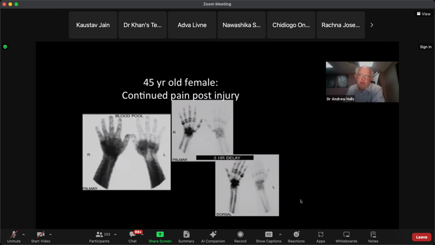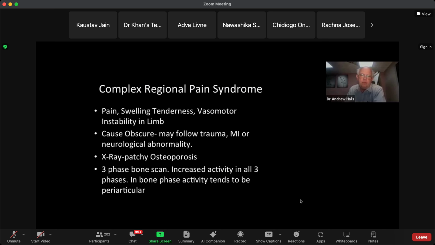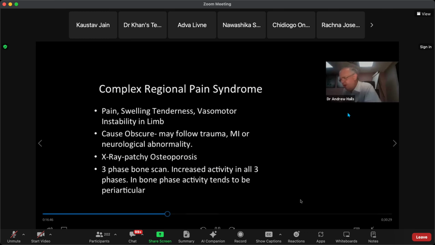I don't think people fully understand exactly what it is, but basically you get increased vascularity, vasomotor instability, and this increased uptake on all three phases. Yes. Sometimes, though, perfusion is not increased for some reason. And you get osteoporosis classically on the plain films, but it's very difficult to see osteoporosis on a plain film.